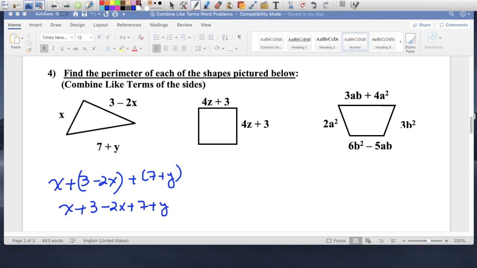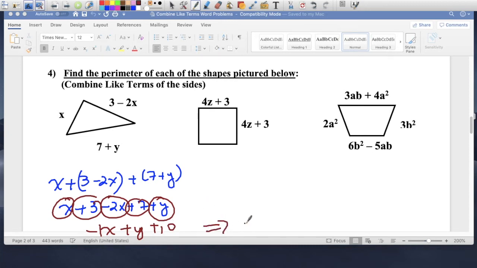Now combine like terms. x and negative 2x is negative x, or negative 1x. And then I'm going to do plus y. And 3 plus 7 is 10. So that's my answer. I'll make it better, which is negative x plus y plus 10. That should be my prettier answer.